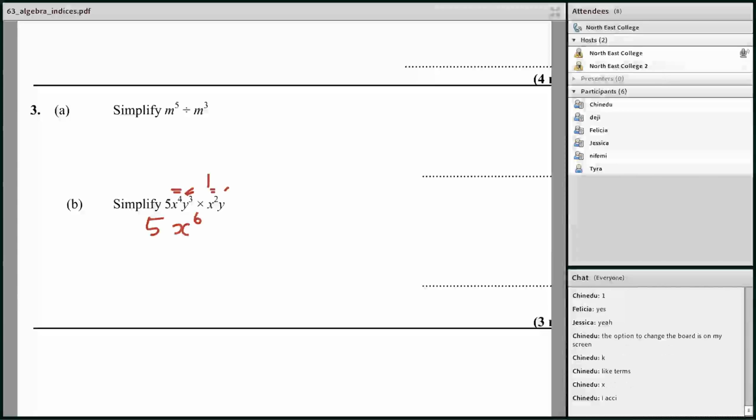Okay. Now, do you mean x, Sinead, or is that multiplying? I'm assuming you mean x.